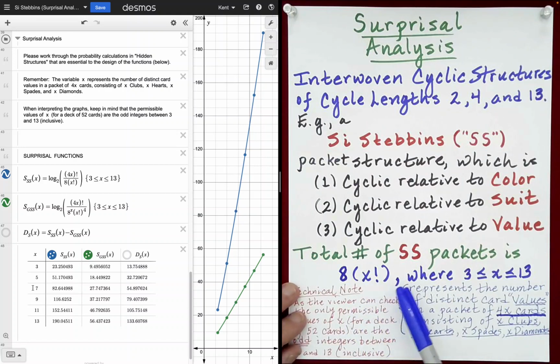And I do want to point out that the expression here that gives you the total number of SS packets for x between 3 and 13 is simply based on the fundamental counting principle, also called the multiplication principle. So the mathematical machinery needed to derive this is not sophisticated. Okay, so this is within the reach of most any viewer of this video.